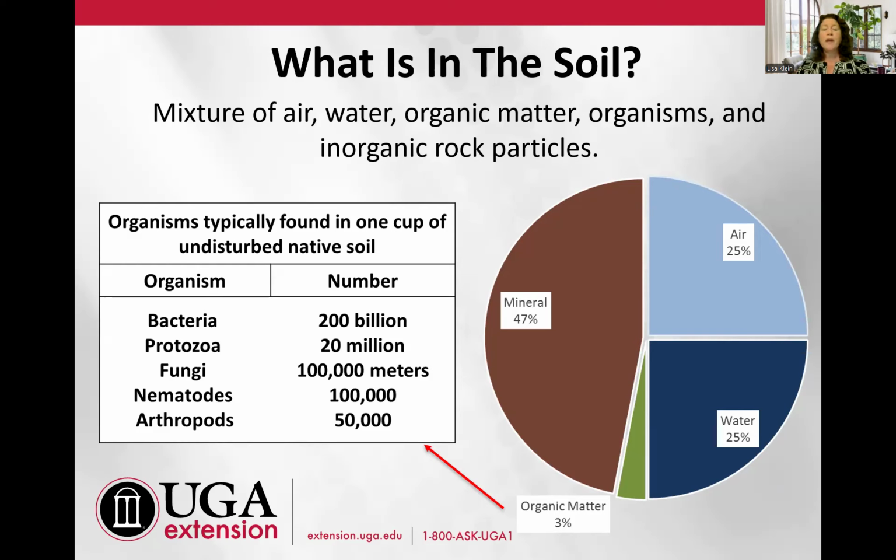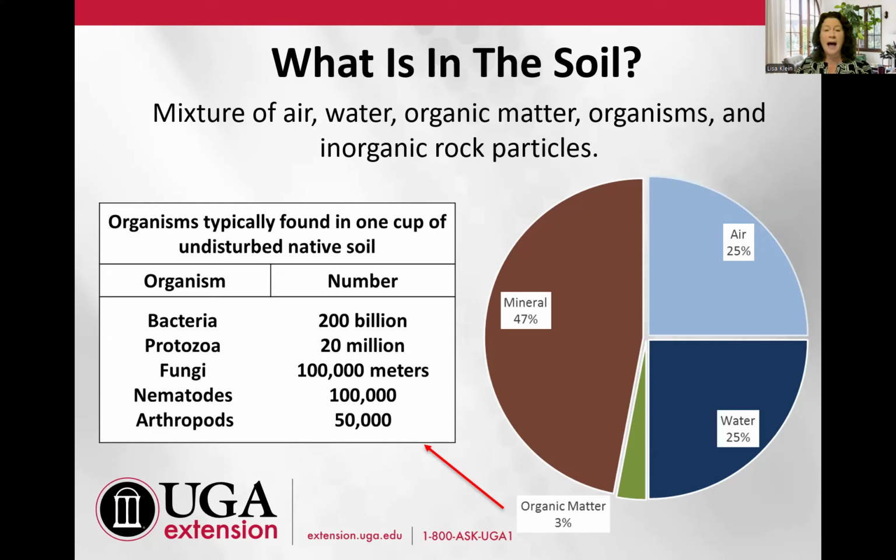So you're going to have about 200 billion bacteria, 20 million protozoa, about 100,000 meters worth of fungi, and that's going to be all those little roots that they spread out there, mycelium. About 100,000 nematodes, little worms, you'll see some pictures, and about 50,000 arthropods.